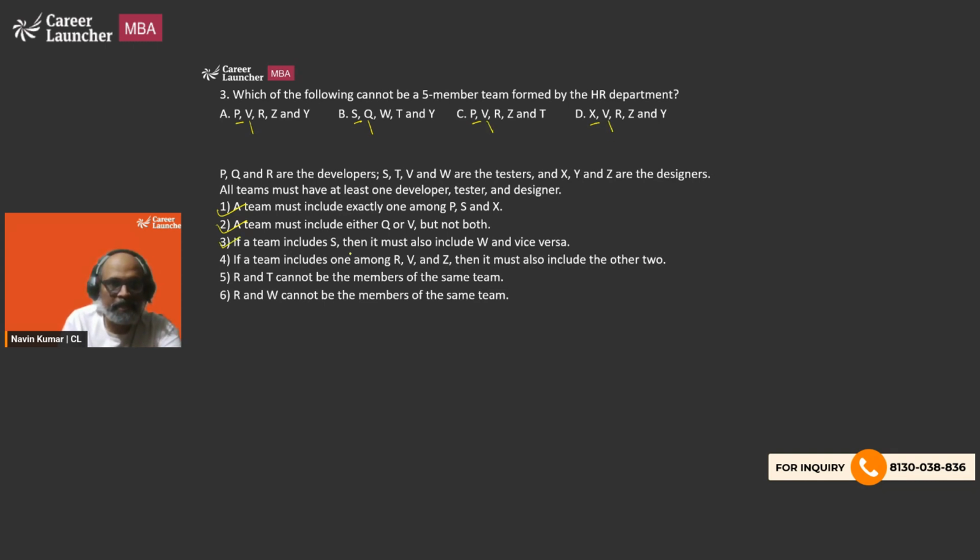If a team includes S, then it must also include W and vice versa. We have S and W. All good. If a team includes one among R, V, and Z, then it must also include the other two. So we have got RVZ, RVZ, and RVZ. All good. R and T cannot be members of the same team. We have an R, we do not see a T. We see a T, there is no R. We see an R as well as a T. So C.